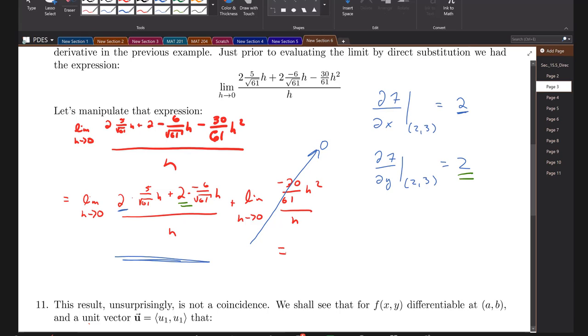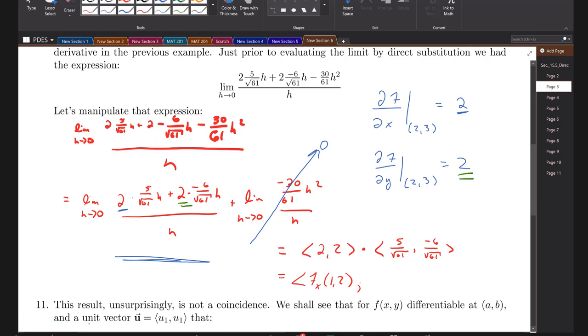So another way we could write this, after we're done computing the limit, is we could break this down as the vector 2, 2 dotted with the vector 5 over the square root of 61, comma, negative 6 over the square root of 61. Where this first 2 is the partial derivative of f evaluated at our point, taken with respect to x.